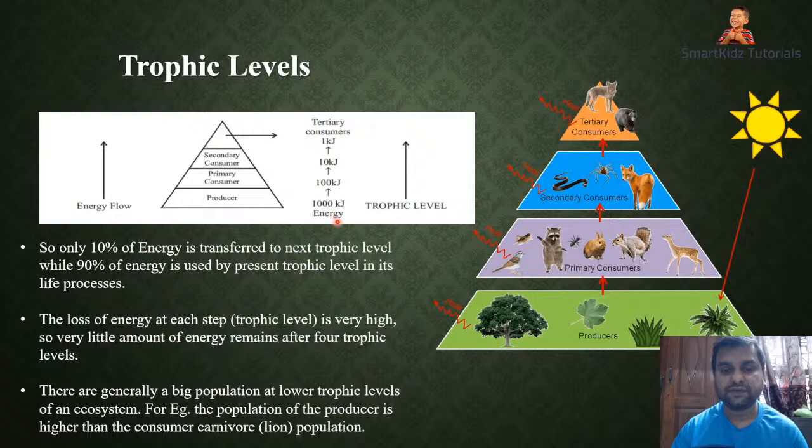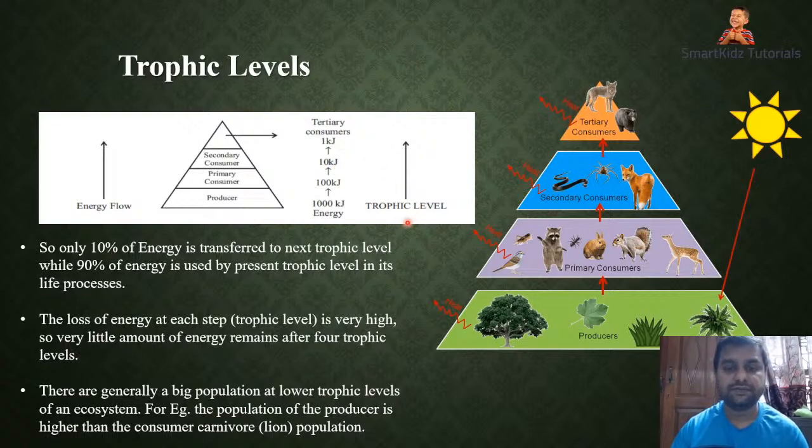So you have 1000 kilojoule of energy for the producers, which reduces to become 100 kilojoule. Okay, there's a decrease of 10% here, and then from 100 kilojoules, from primary to secondary consumers, it becomes 10 kilojoules, again a 10% reduction. And then from secondary consumers to tertiary consumers there is a further decrease in the flow of energy by 10%, wherein it reduces from 10 kilojoule to 1 kilojoule.